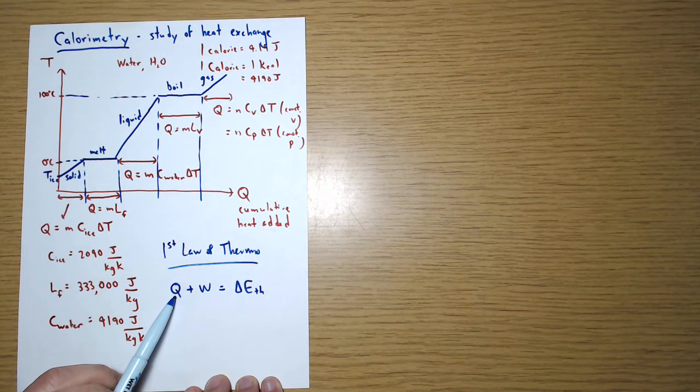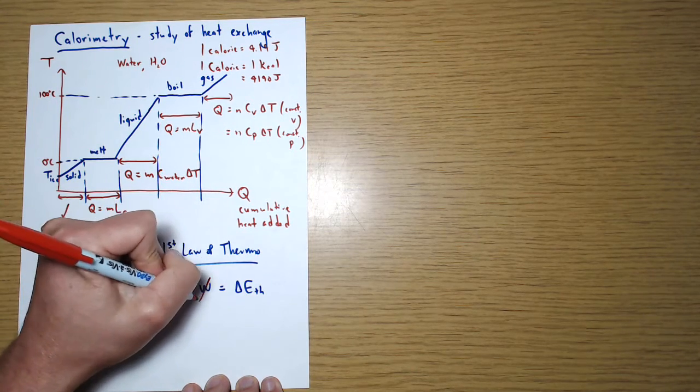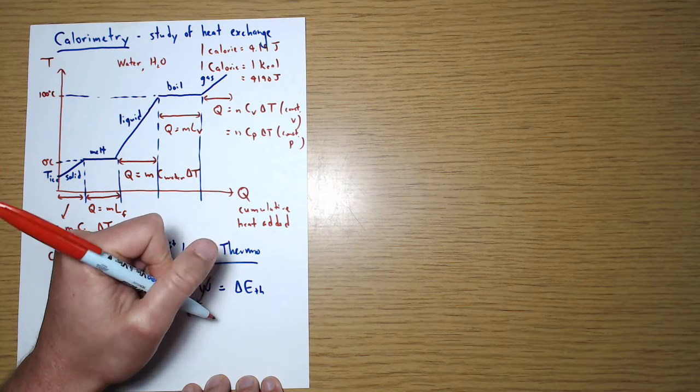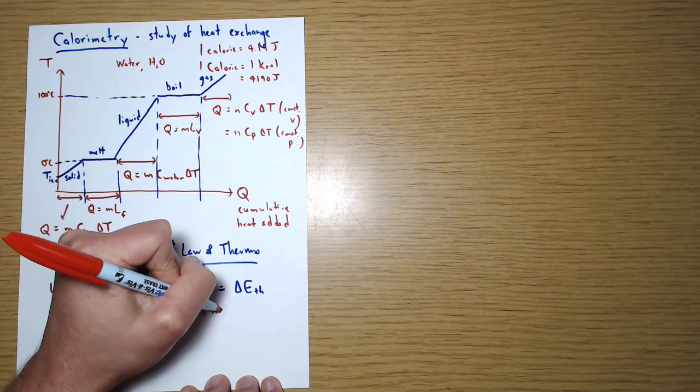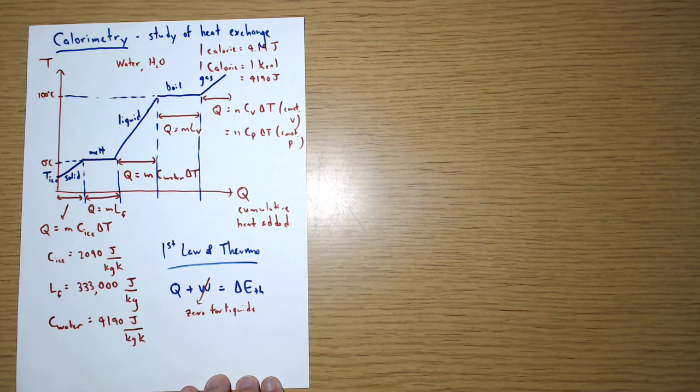Now we're going to be dealing with frozen and liquid water, in which case this work is equal to 0. It's pretty much 0 for liquids. Most liquids are very nearly incompressible.